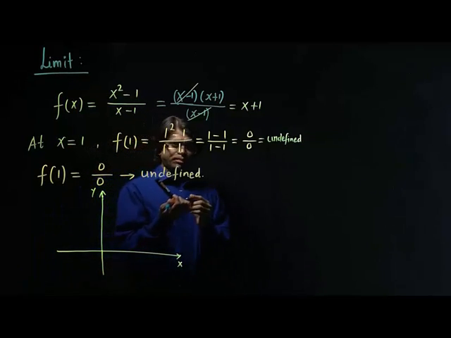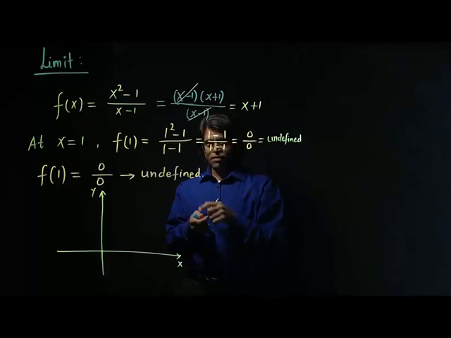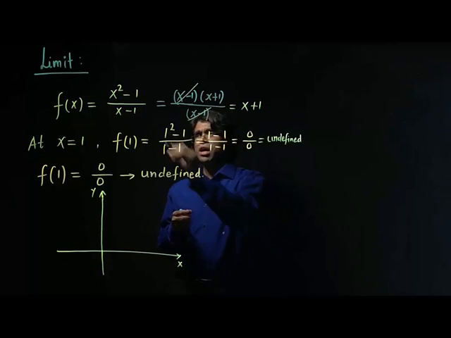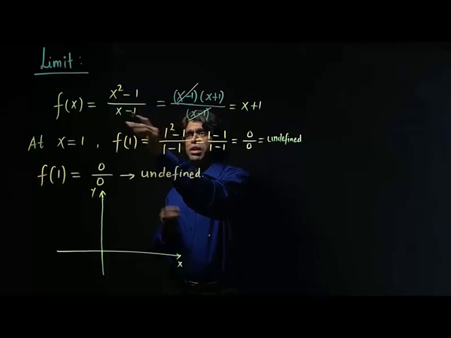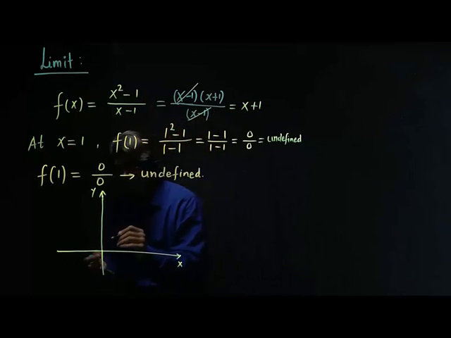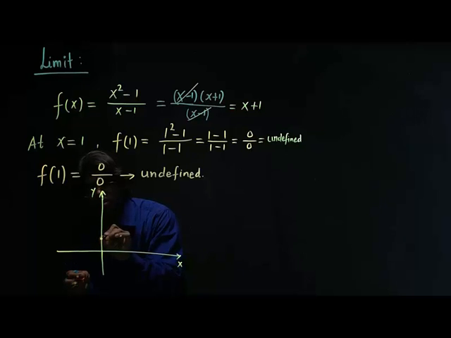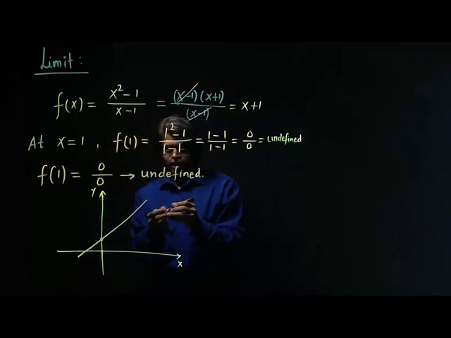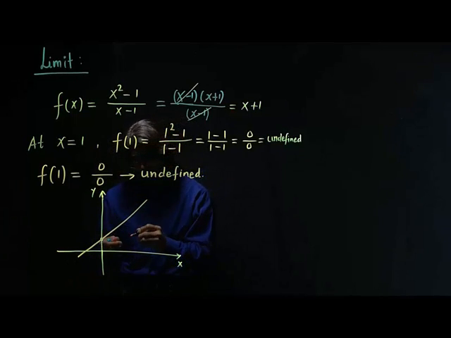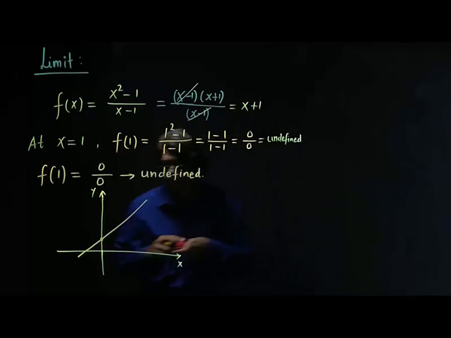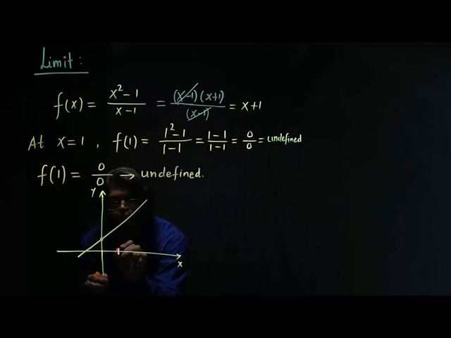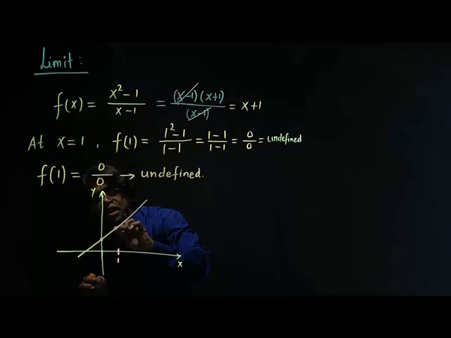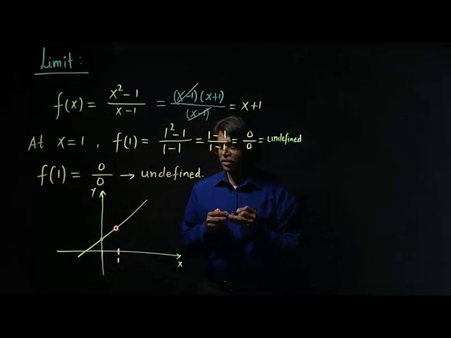My function is x squared minus 1 over x minus 1, and if we graph this function, I will get a graph like this, except that at x equals 1, which is right here, there is a small tiny gap that I'm going to mark with an open circle.